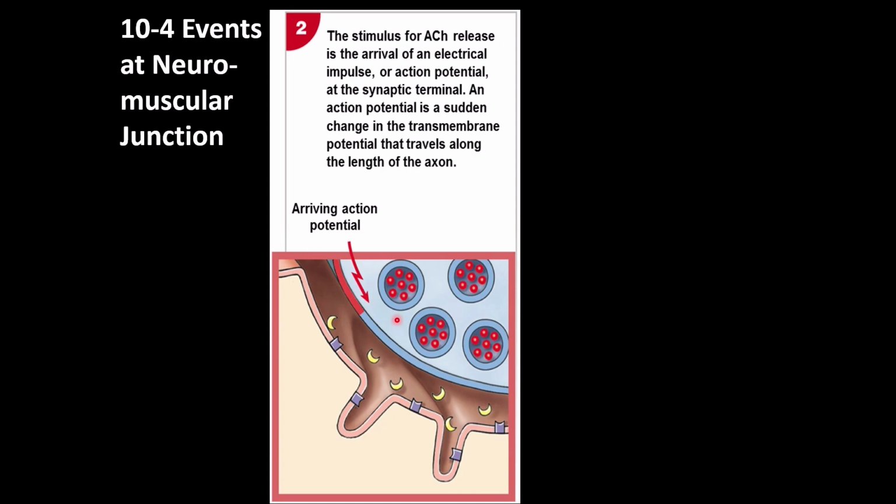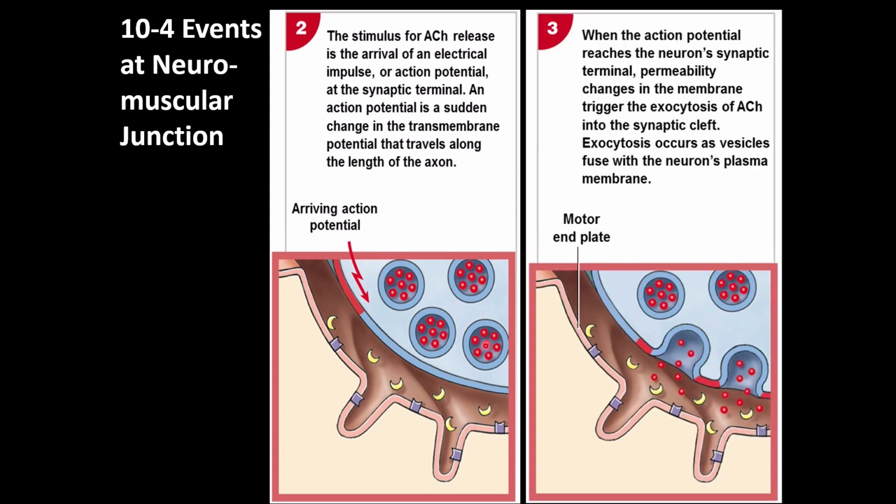Once it gets to the presynaptic membrane, calcium enters the cell, which is not shown here, and that calcium will cause fusion of these vesicles into the presynaptic membrane. Once they fuse, the neurotransmitter, acetylcholine, is released into the synaptic cleft here.